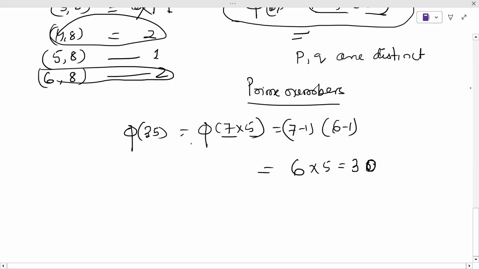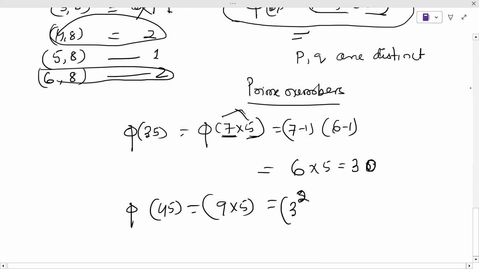That is also one formula when given that 7 and 5 are two distinct prime numbers. And when it is composite, suppose 45, that is 9 into 5. And this is also written as 3 square into 5. 3 is one distinct prime number, and this is also a distinct prime number.